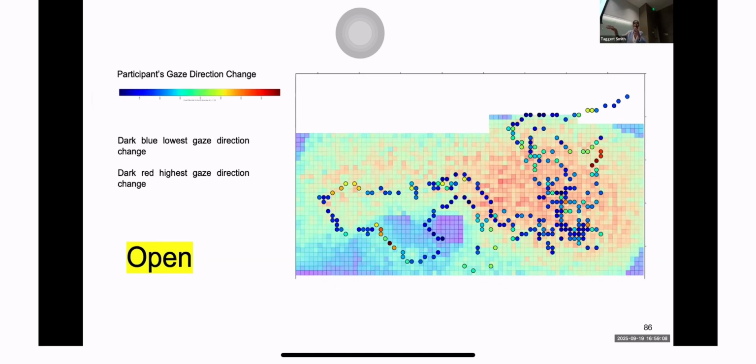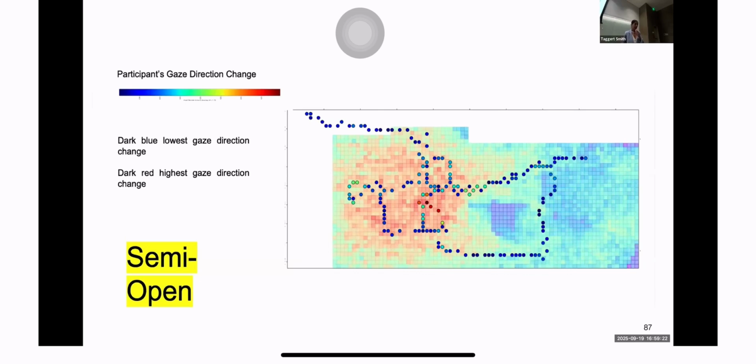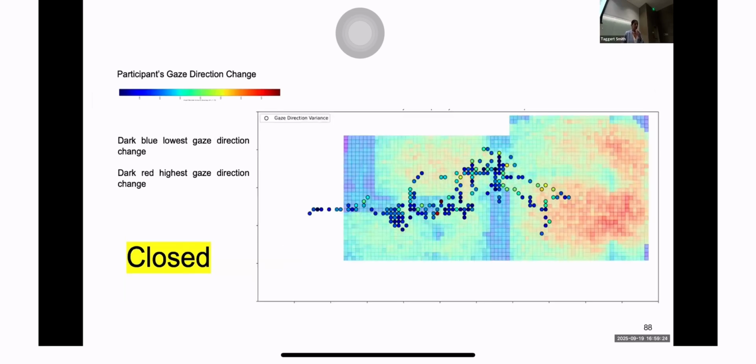That way we could tell where participants are more curious, where their gaze direction or head direction is changing more, and all of those curiosity measurements. And that's the same for the semi-open environment and closed environment.